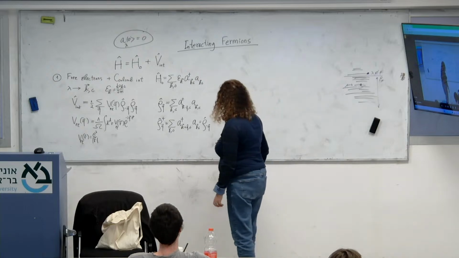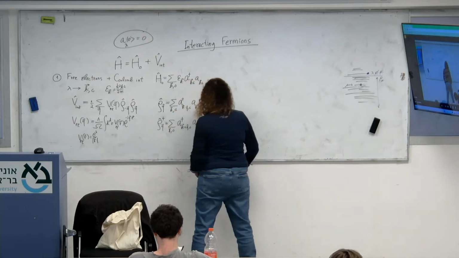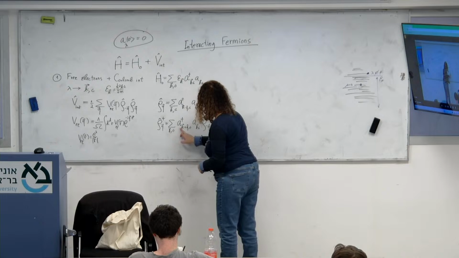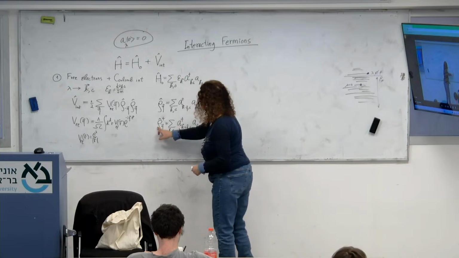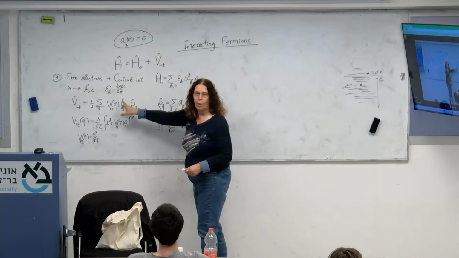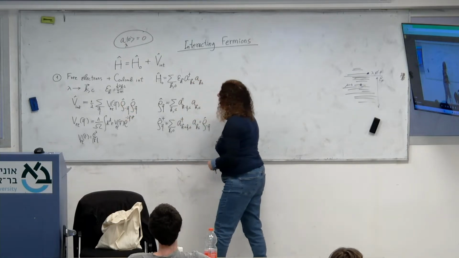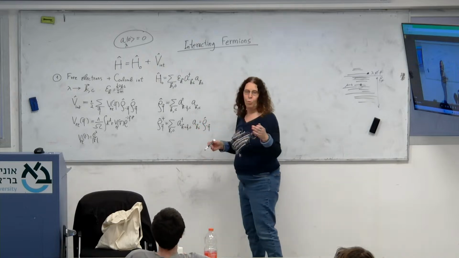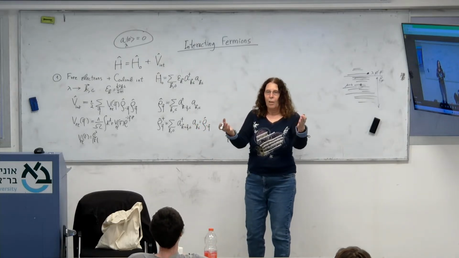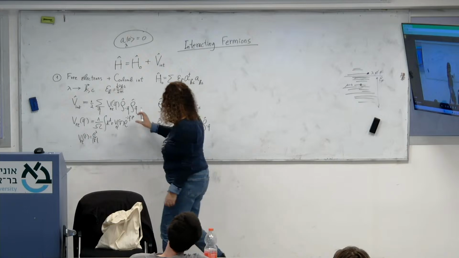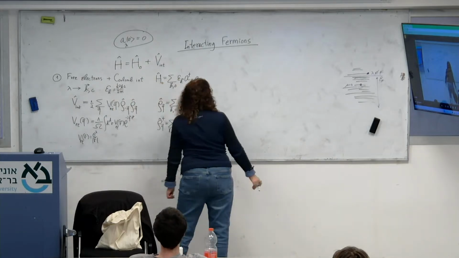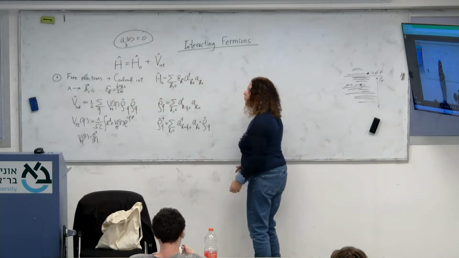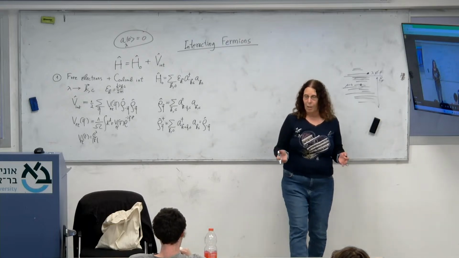All right, so when I'm writing the interaction here in terms of these operators, I now want to do perturbation theory, which means to take the expectation value of this operator inside the Fermi sea.